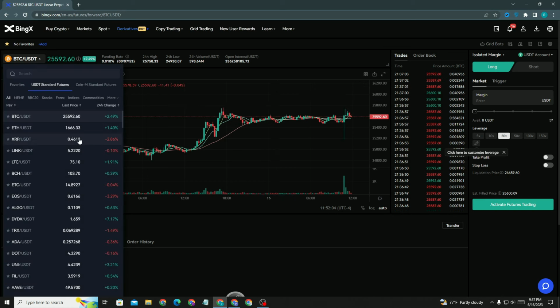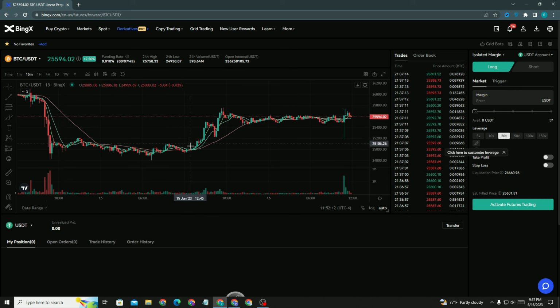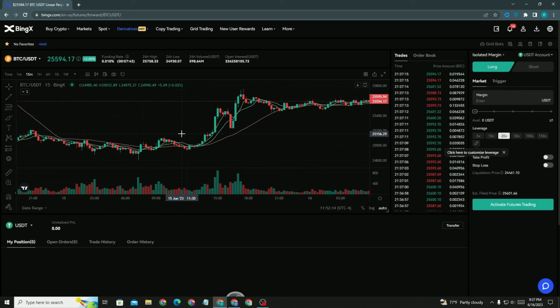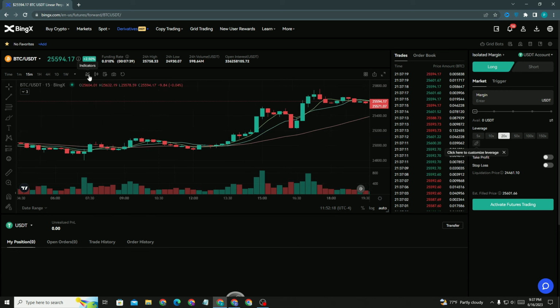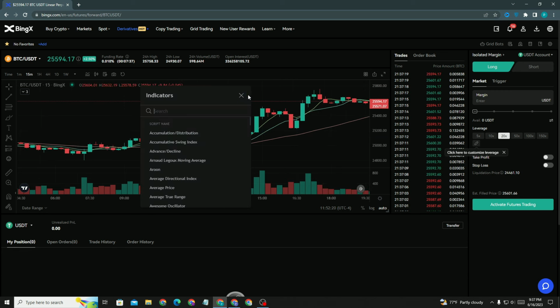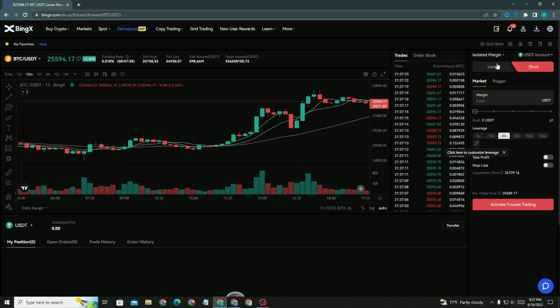Okay, so here are the derivatives of this BingX platform. Simply you can visit this and see for BTC the selling and the buying. Red is for selling and green is for buying. So you can see which currency is highly sold or bought by the traders.